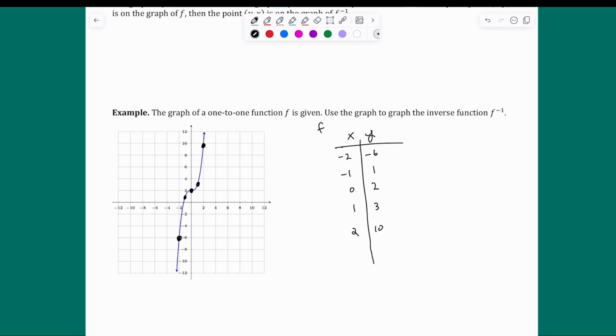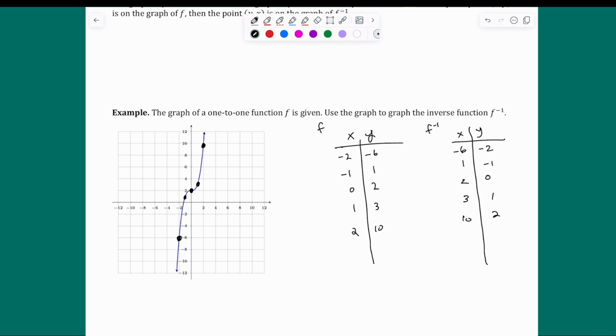Let's create a similar table, except let's swap the order of the pairs around. In other words, our (x, y) this time will be the reverse of the points on f. This gives us (negative 6, negative 2), (1, negative 1), (2, 0), (3, 1), and (10, 2).